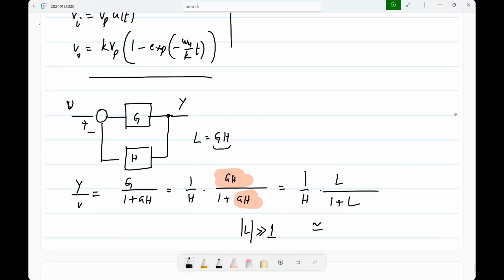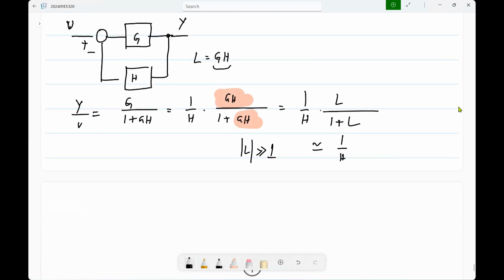It will be 1 by H. And when the magnitude of L is much less than 1, or actually, maybe it is more enlightening if you do this: if the magnitude of GH is much less than 1, what will be the output? G.